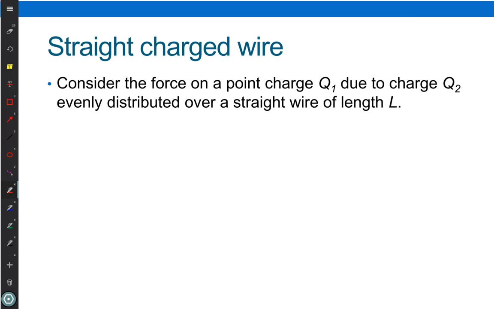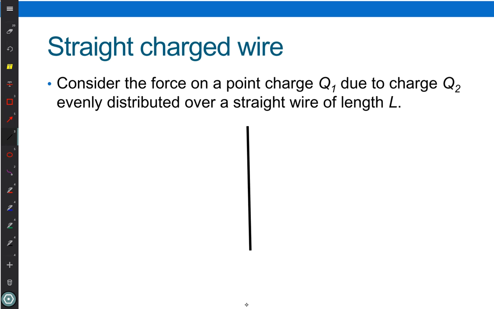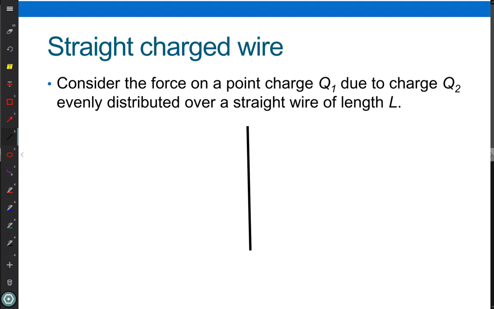Okay, let's go to another problem that's, again, a wire. But this would be a straight charged wire. Now I'm going to draw my picture to make sure we're clear on what's going on. If you look at problem 1, it's a straight wire. What's different is problem 1 is a semi-infinite wire. Semi-infinite sounds wrong, because what does infinite mean?